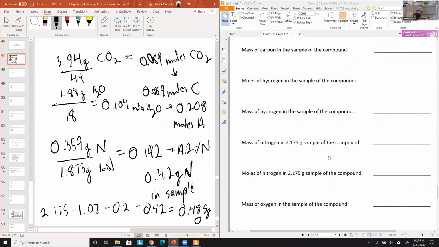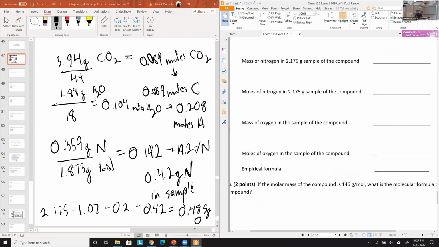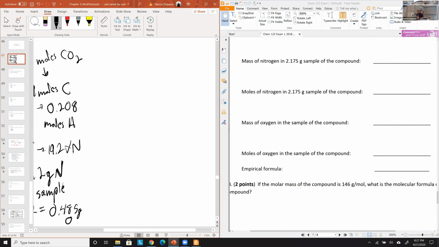So now, what can you do? You have everything. So you can figure out the moles of oxygen because you know the moles of everything else. Remember empirical formula. The goal is to figure out the moles of every component and then divide by the least number, right? So we have the moles of carbon, which is 0.089 carbon.